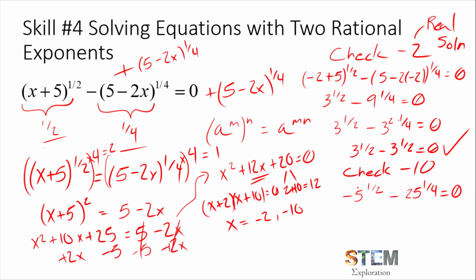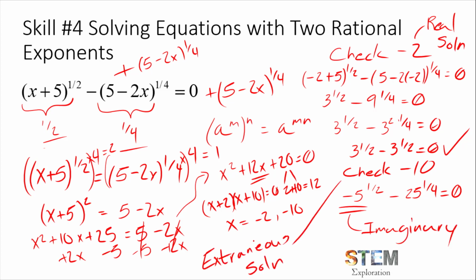And one thing I want to point out here is, even though we're dealing with rational exponents here, this is still a problem. This is still imaginary, making -10 an extraneous solution, making -2 the only real solution.